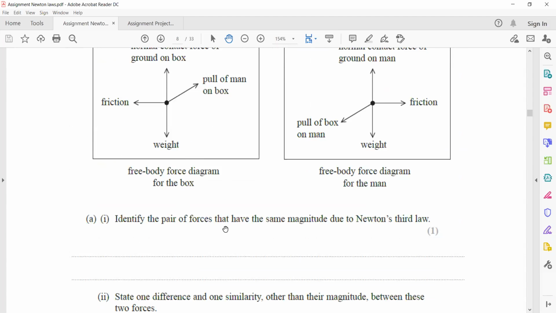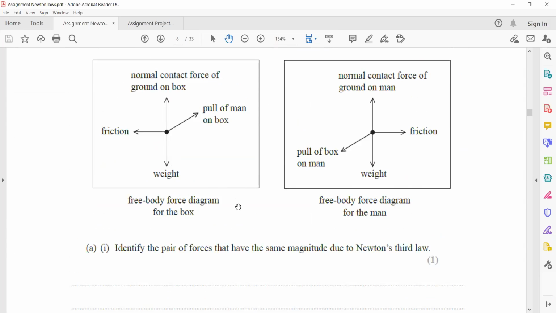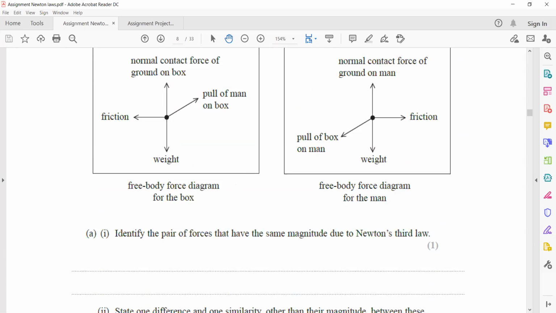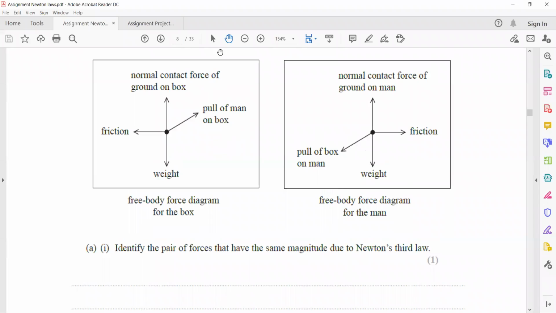The first one: identify the pair of forces that have the same magnitude, as due to Newton's third law. The Newton pair forces are the pull of the box on the man and the pull of the man on the box. This diagram represents the action and reaction forces, equal but opposite in direction.